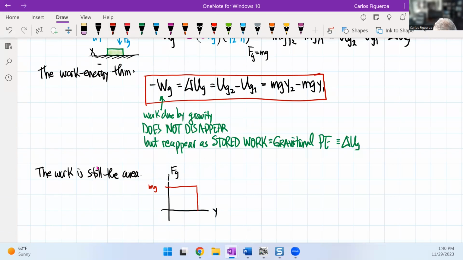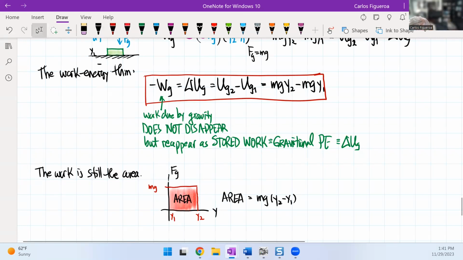And then if I write this as y1 and this as y2, you could see that the area of this guy, right? The area is a rectangle. And so therefore, the area without the sign is going to be mg times the difference of the height changes, which gives you exactly the same thing.